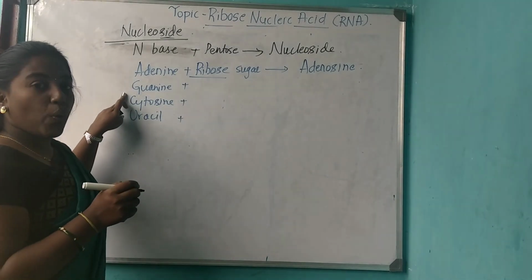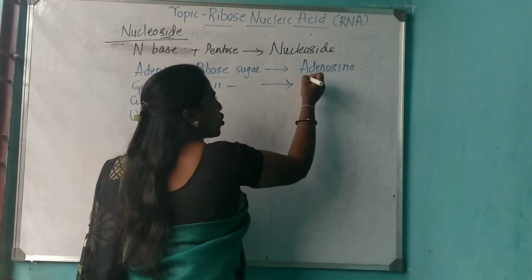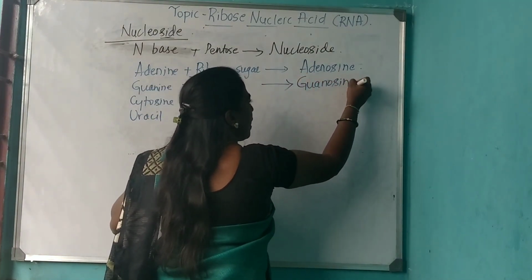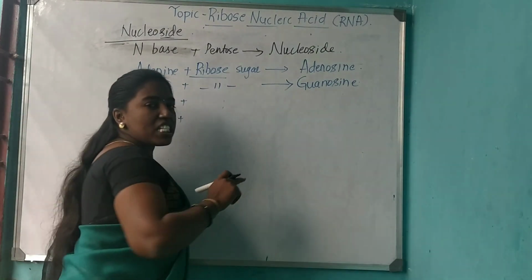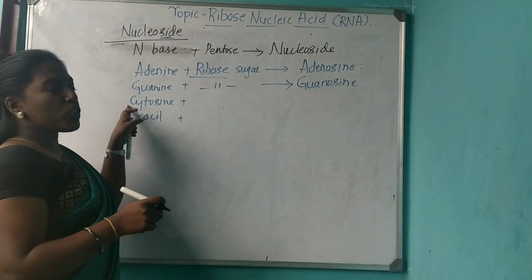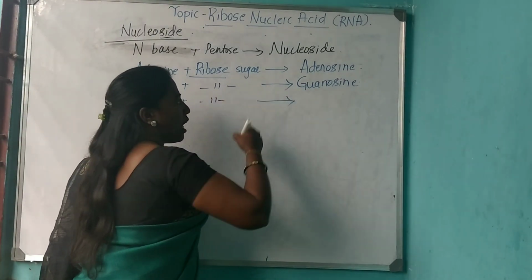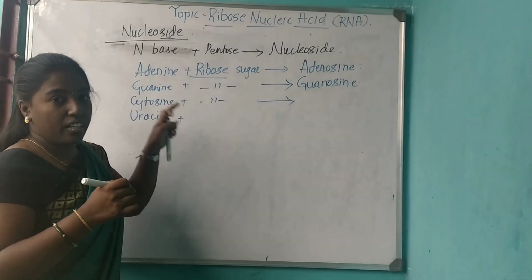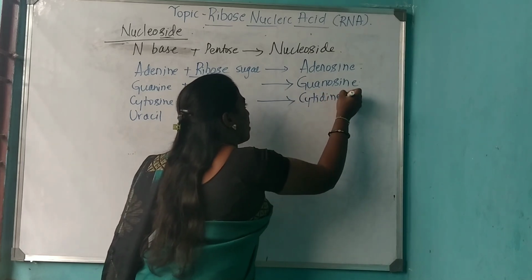Then next, guanine combines with the ribose sugar, resulting in the formation of guanosine. Then next, cytosine combines with the ribose sugar and forms a nucleoside called cytidine.